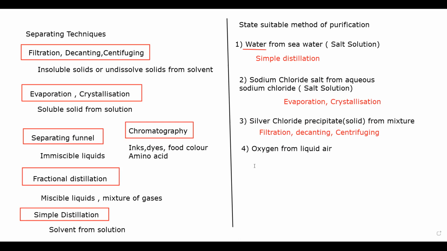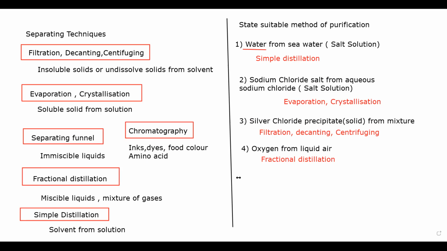For example, we have liquid oxygen, liquid nitrogen. So the technique which we can use is called fractional distillation. So fractional distillation can be used to separate the oxygen from the liquid air.